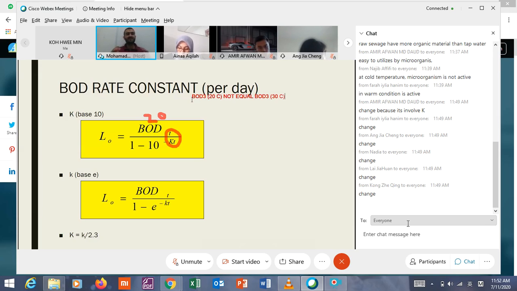Now, if I told you that the density of a material, the density of aluminum, the density of iron, whether the temperature was 20 or 30, the density is the same, because the density is something related to the structure of this material.